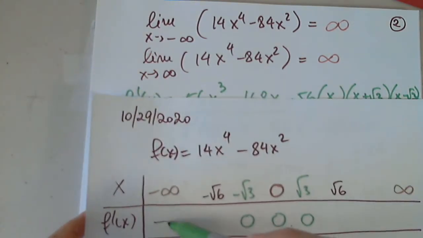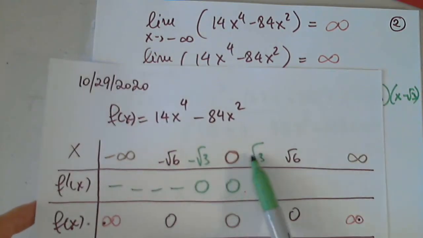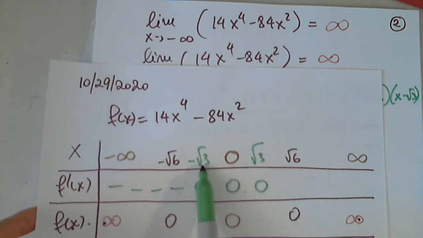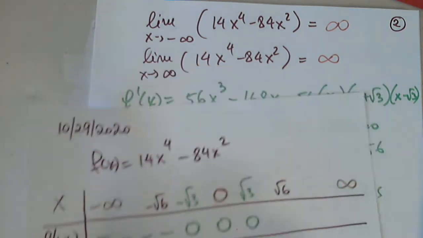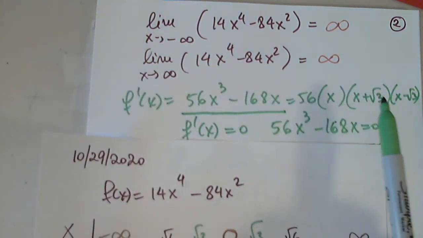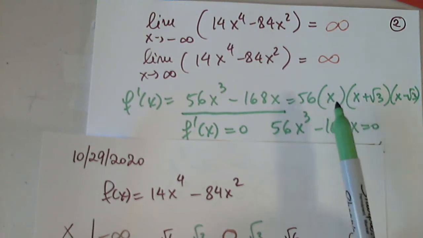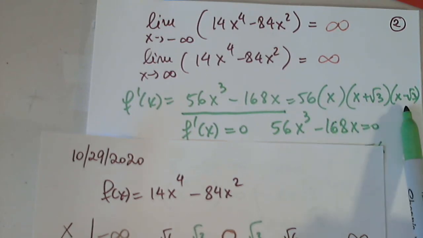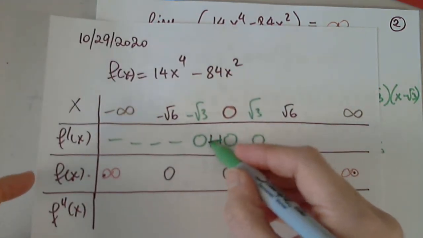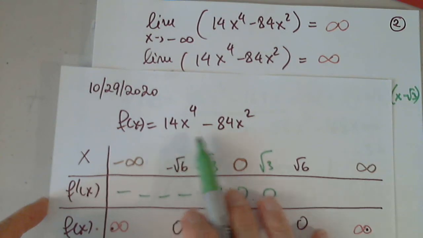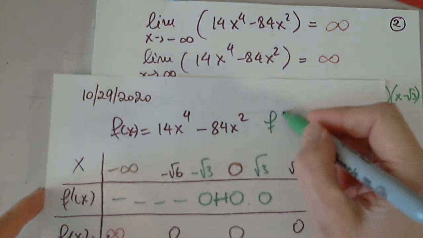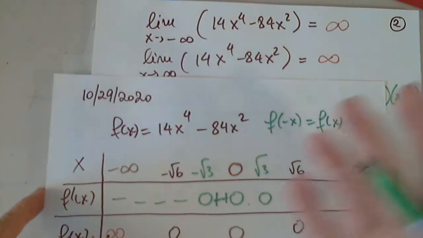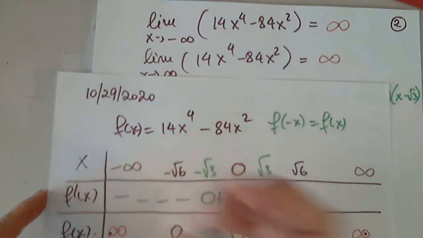So 3 negatives. Now I'm in a little bit of trouble, but I can still plug in negative 1 because this is negative 1.7. Negative 1, negative, negative, negative 1. This is positive. This is negative, positive. The function is even because when I replace x by negative x, I get f of x. So all this side has to be the same sign as this side.